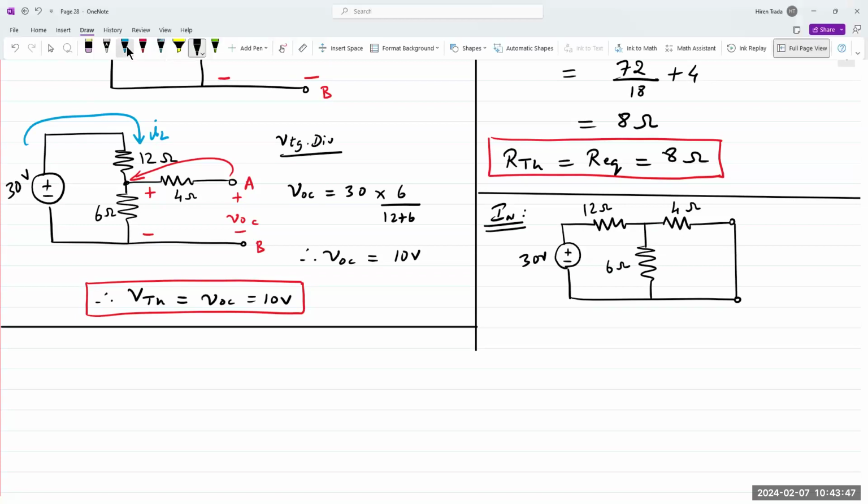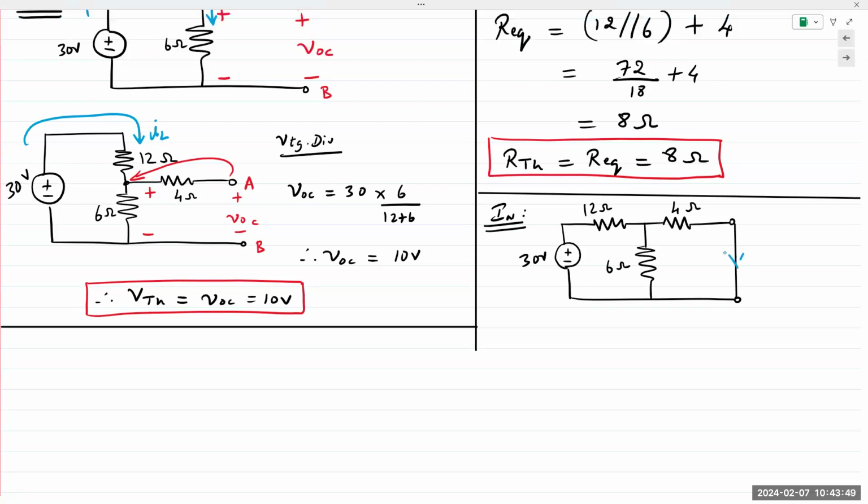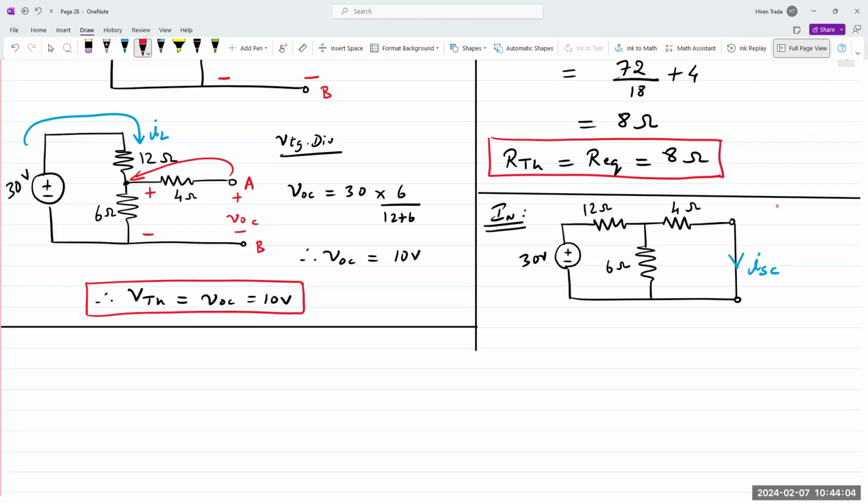Current needs a pathway to flow through. So if I'm analyzing for Norton current, I need to have a wire or a short circuit between those two terminals, ISC, short circuit current. And my terminals of analysis are still the same.